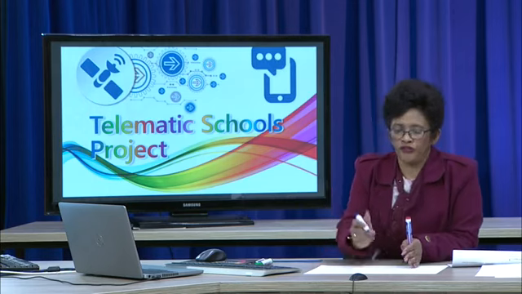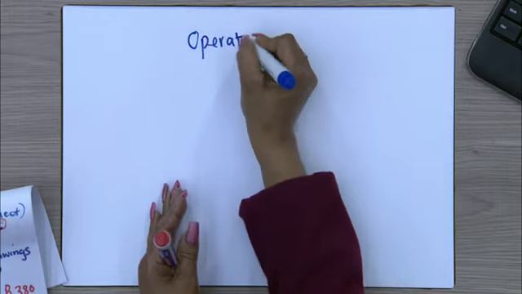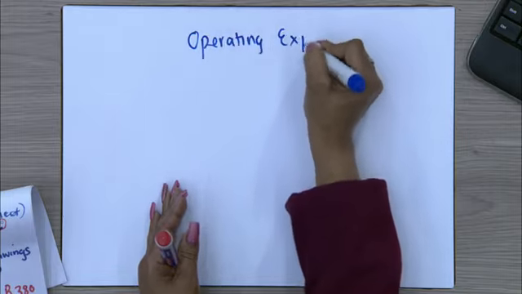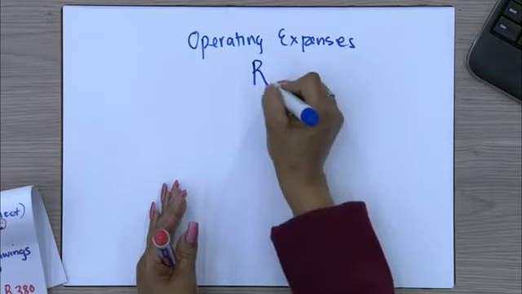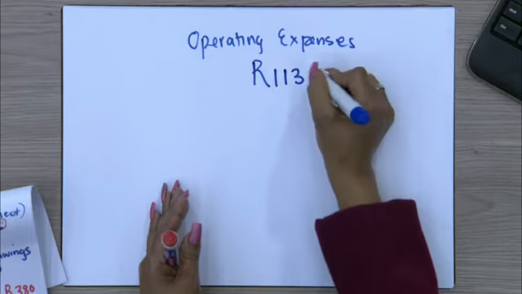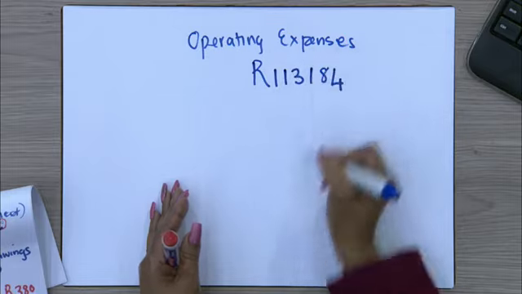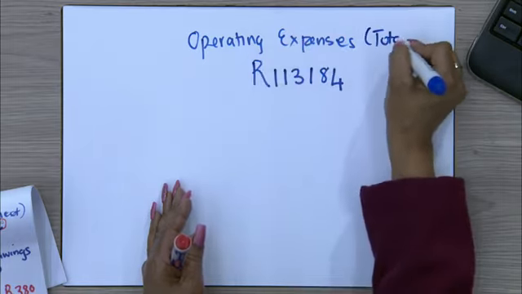Allow me to do the following. My operating expenses currently add up to an amount of 113,184. That's my operating expenses in total.